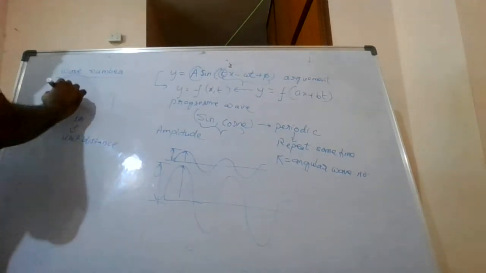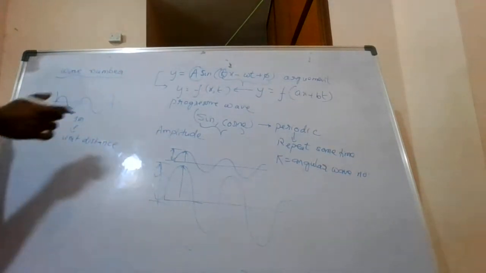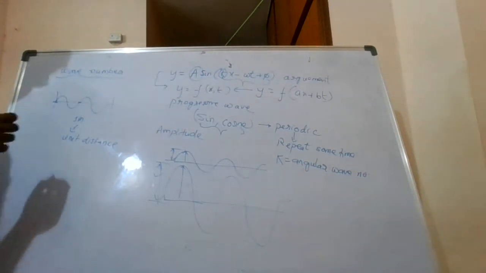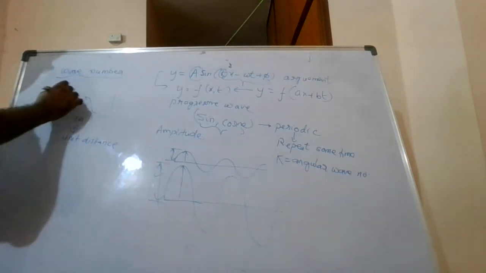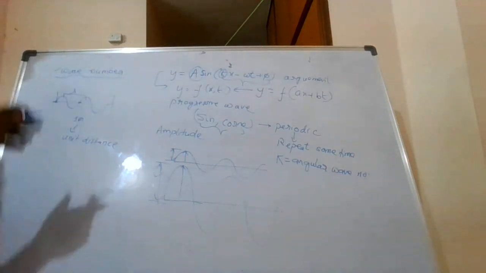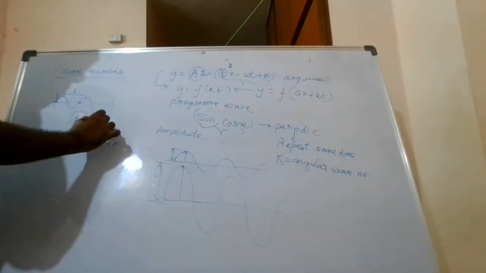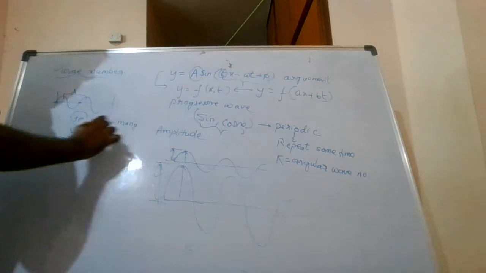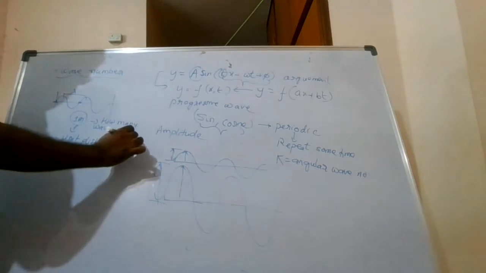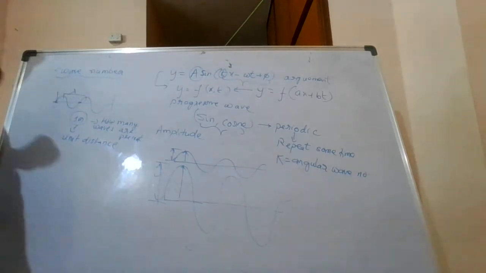Now that wave is like this. In the previous class we have studied that from this point to this point it is called one cycle. From crest to crest is called lambda, the wavelength. So what does wave number mean? A number which tells you how many waves are present in 1 meter distance. So this gives you an idea about wave number.